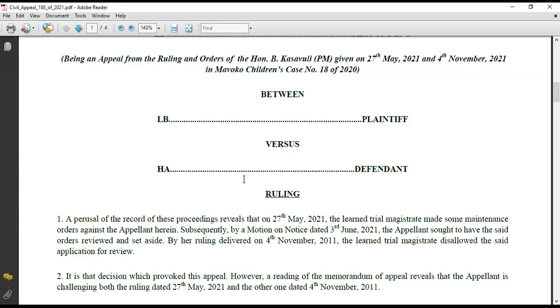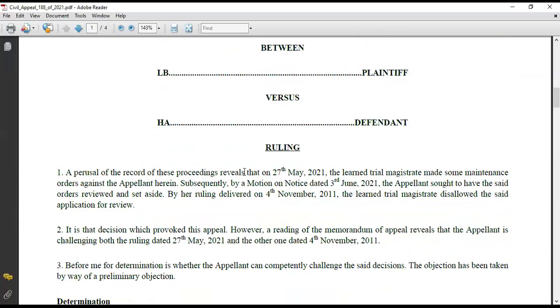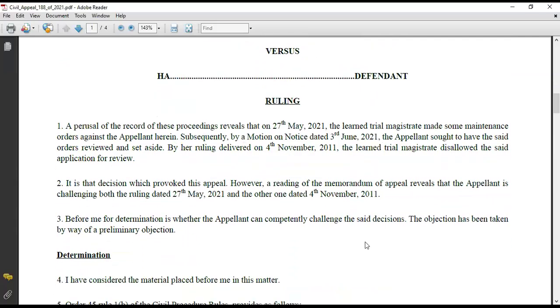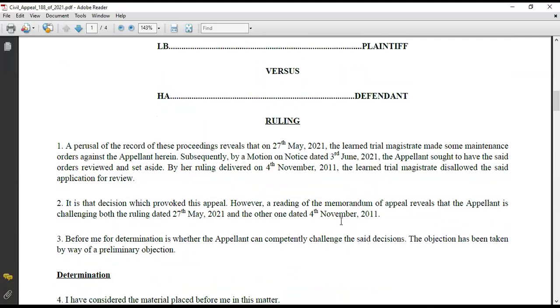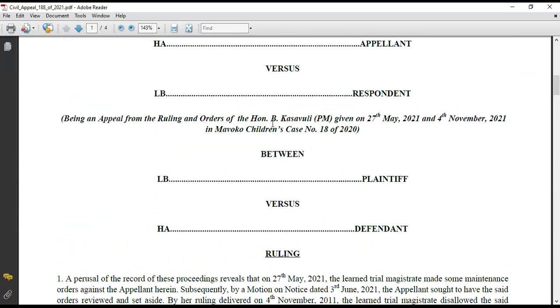So it is anonymized. This is the case law which the question was based on, exactly. This was an appeal on a ruling of Honourable B. Kasavuli on 27 May 2021 and 4th November 2021. Yeah, just like the question.